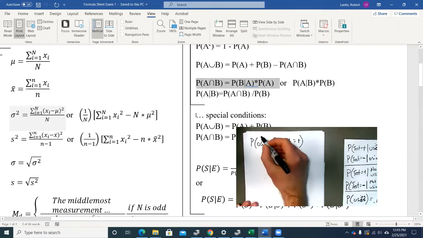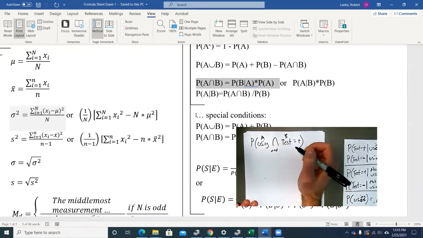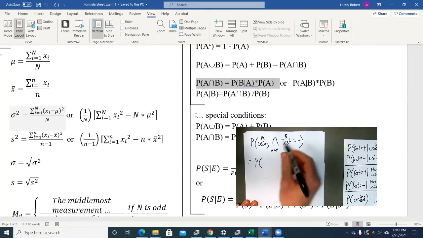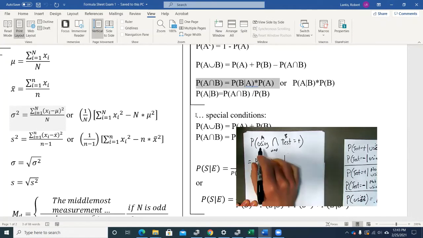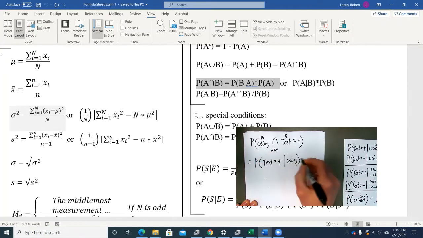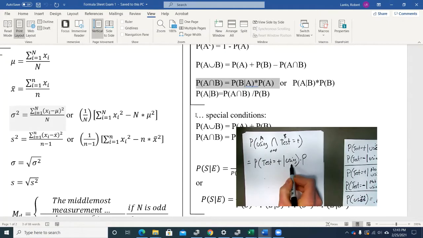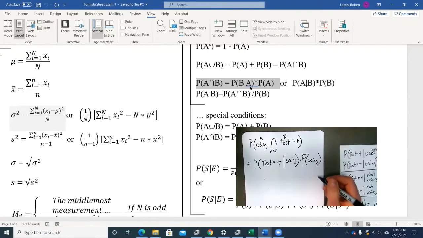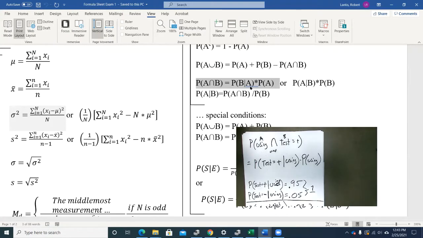Here is my A, here's my event B. So the intersection should be equal to the probability of B given A, so the probability that the test comes back positive, given that they're using, and then multiply by the probability of A, or the probability of what I'm conditioning on here. Notice the probability of what I'm conditioning on is A, so the probability that they're using.